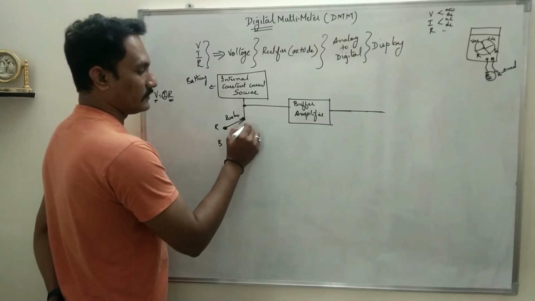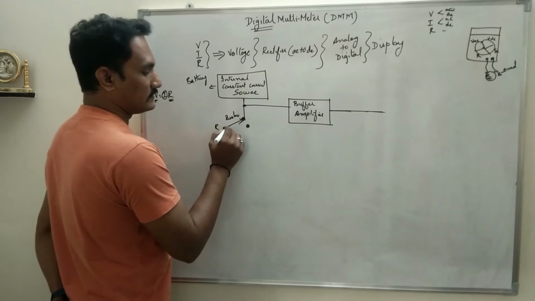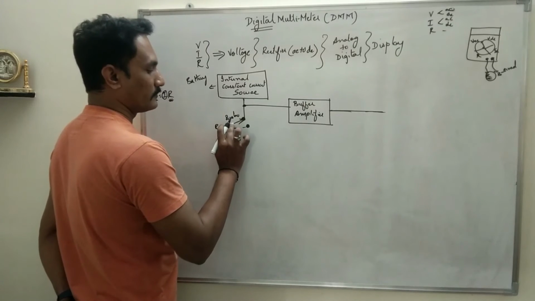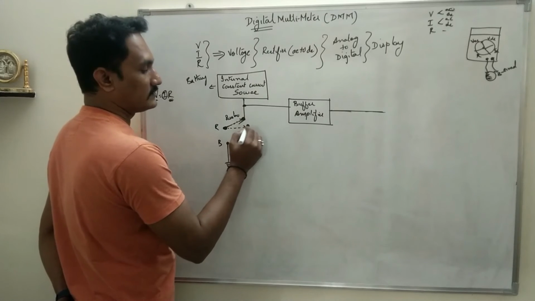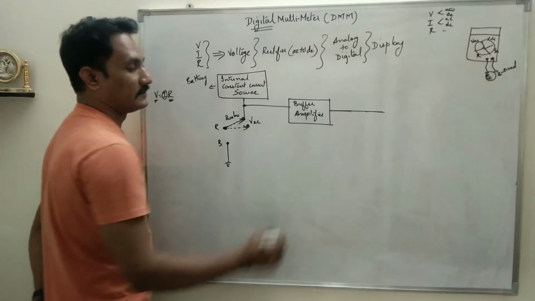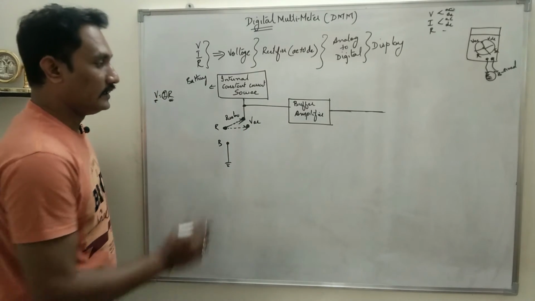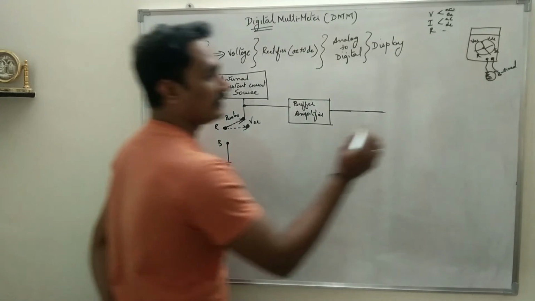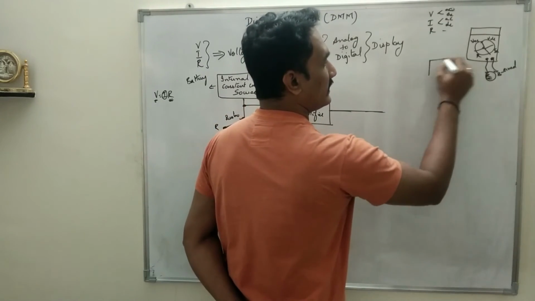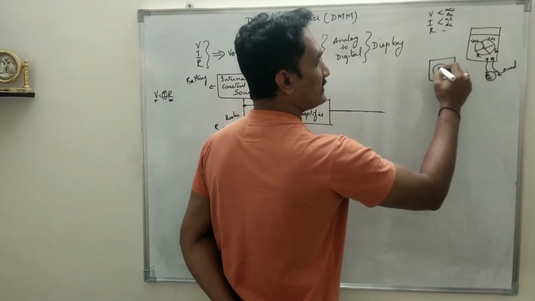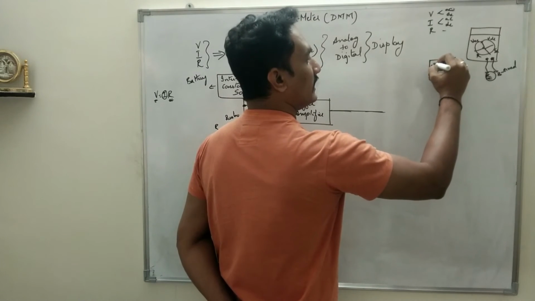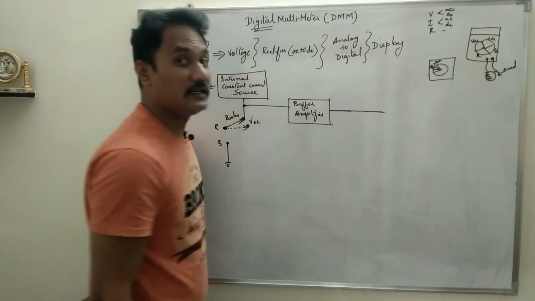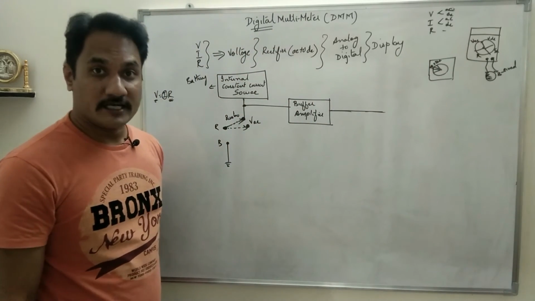Next is VAC, that means voltage AC. When you see a digital multimeter for voltage AC, it has only two scales, 750 volts and 250 volts, which is very high voltage to be measured.